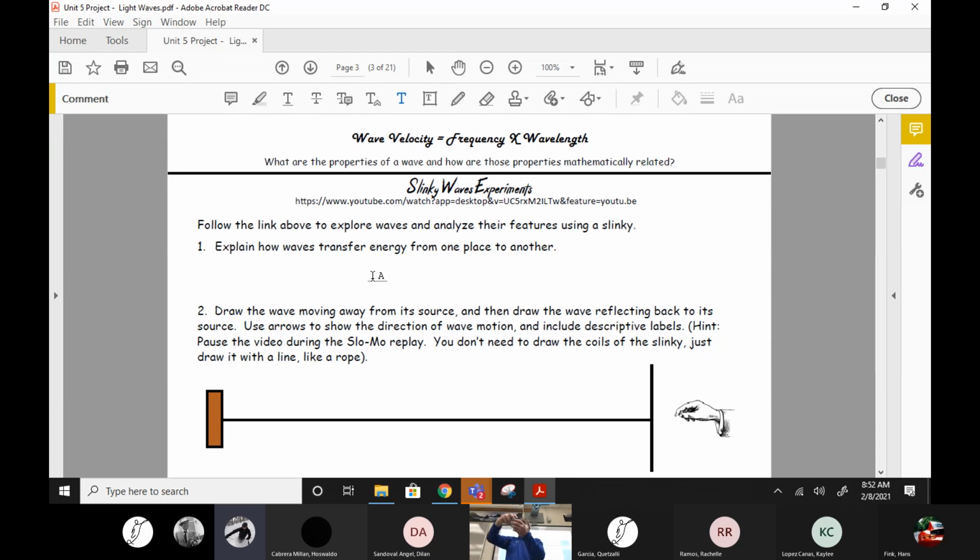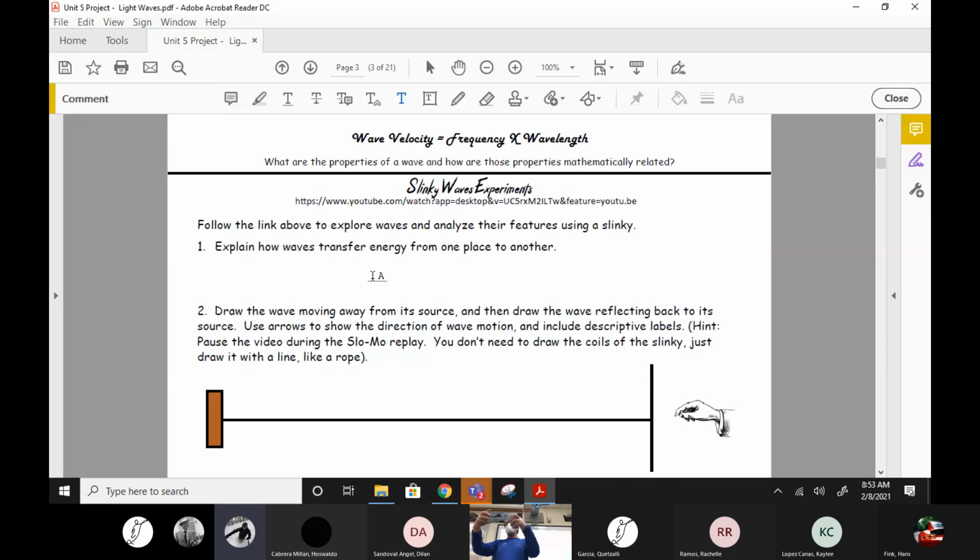But what would happen if the Slinky was broken right here? Would that wave transfer all the way from one hand to the other if it wasn't connected? Right? There has to be a way to transmit the energy of the motion in one hand to the other hand, huh? I can't figure out how to do this while holding it, but there has to be a way for the energy to go from this hand to this hand, huh?